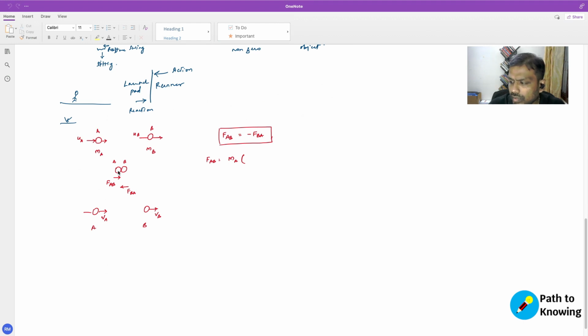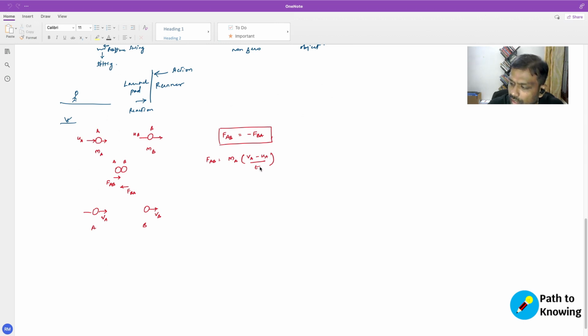So MA times (VA minus UA) over T. So this is your force AB, what gets applied by A: the mass times the final velocity minus the initial velocity over T.